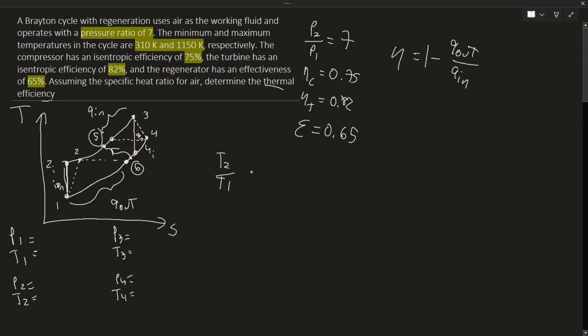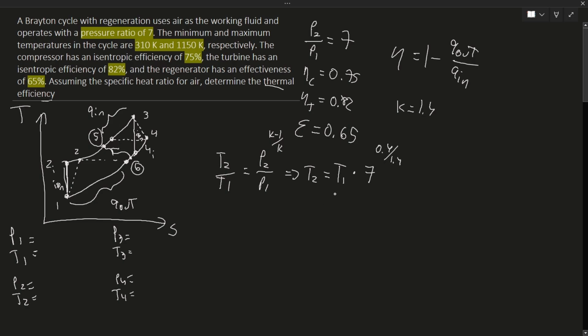T2 over T1 equals P2 over P1 to the power of (k minus 1) over k. So T2 equals T1 times our pressure ratio, 7, and since it's air, we're going to assume it's ideal gas, k equals 1.4, so to the power of 0.4 over 1.4.